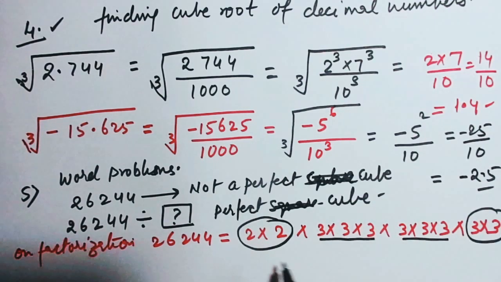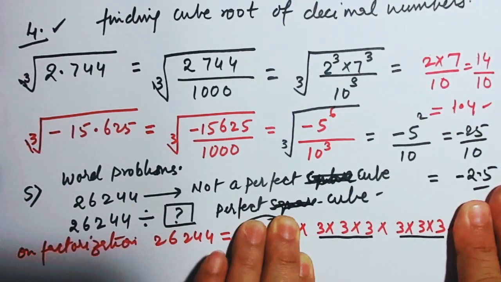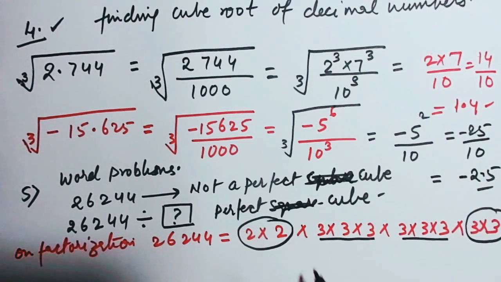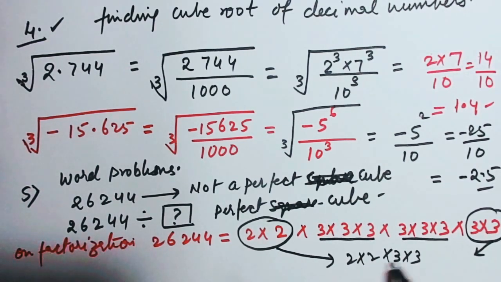When you kick them out, you are left with a perfect cube. Therefore, 2 times 2 times 3 times 3, 9 fours are 36, should be removed, or you can say this number should be divided by 36 so that it becomes a perfect cube. I hope this is loud and clear.